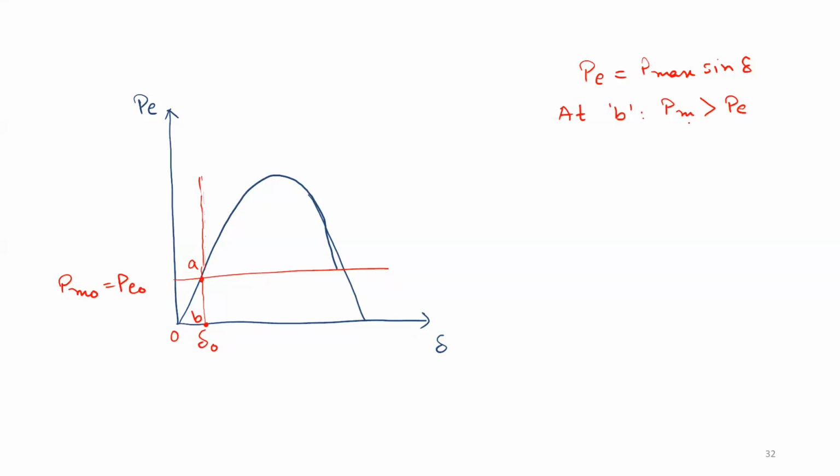We are not going to change PM in this analysis. Our PM will remain where it is. If PM is greater than PE, your system will accelerate or decelerate? Accelerate, sir. Very good.